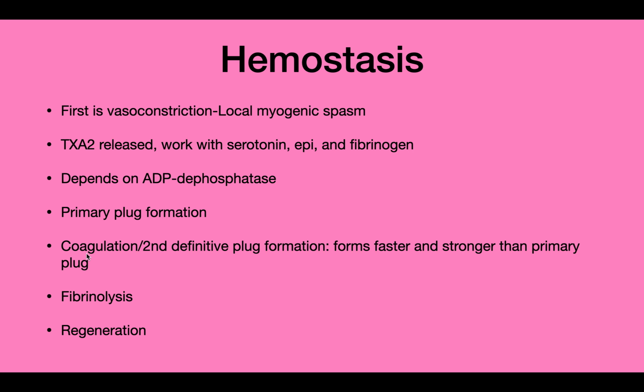And then during the actual coagulation phase, the second definitive plug is going to form. It forms faster and it forms stronger than the primary plug. After the basement membrane of the endothelial layer has been replaced, the clot will be lysed in fibrinolysis, and then if needed, if the basement membrane is intact, normal cells will fill in the hole and regenerate the tissue.